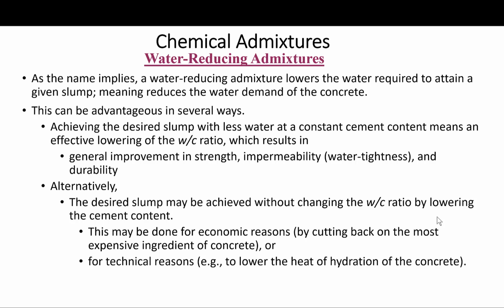Alternatively, the desired slump may be achieved without changing the water-cement ratio by lowering the cement content. This may be done for economic reasons, by cutting back on the most expensive ingredient of the concrete, which is the cement, or for technical reasons, such as lowering the heat of hydration of the concrete.